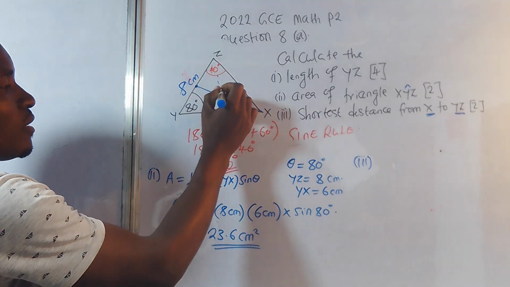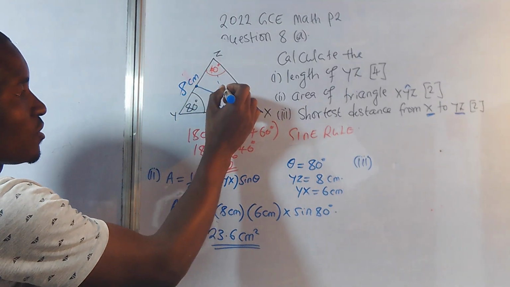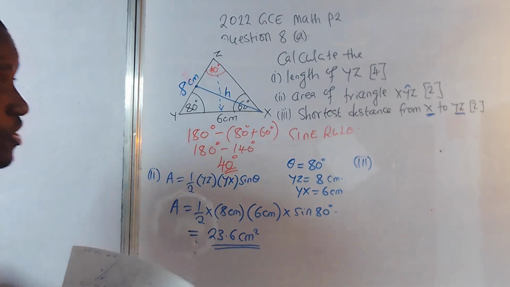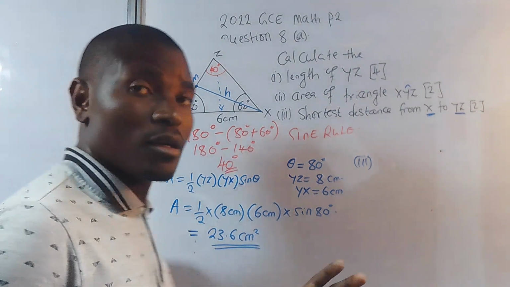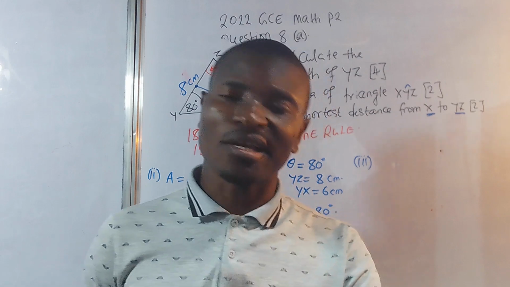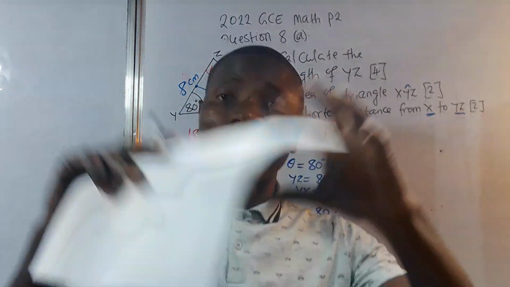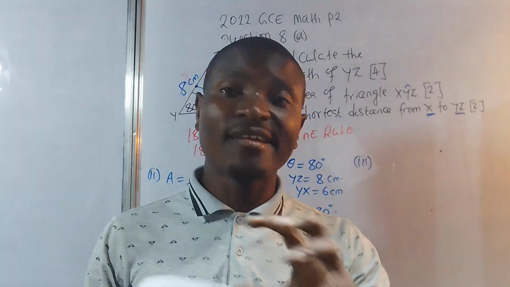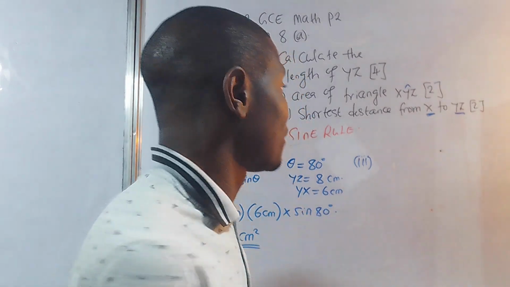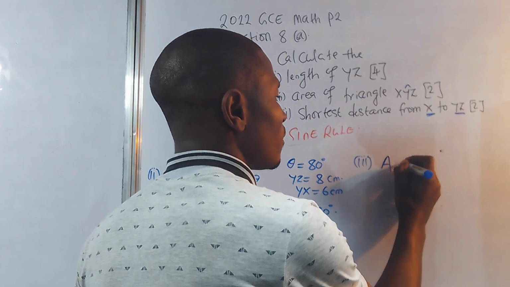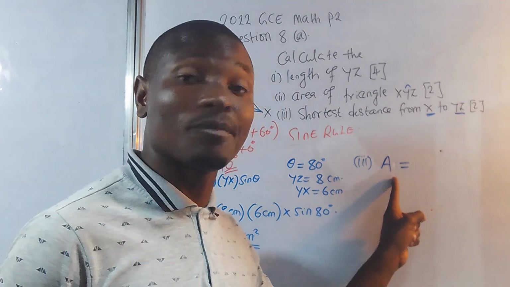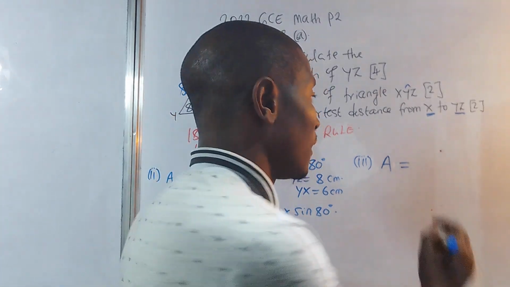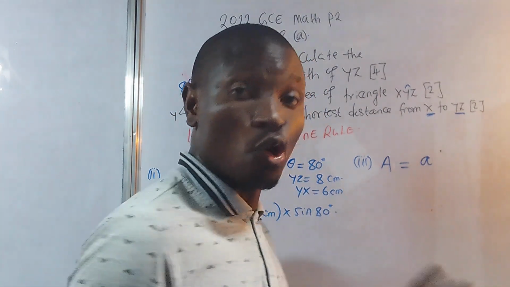So this distance is actually H, which is the height. Whenever you're doing the shortest distance, all you have to do is take the area of the larger triangle.